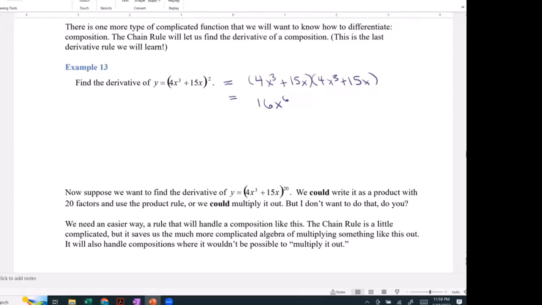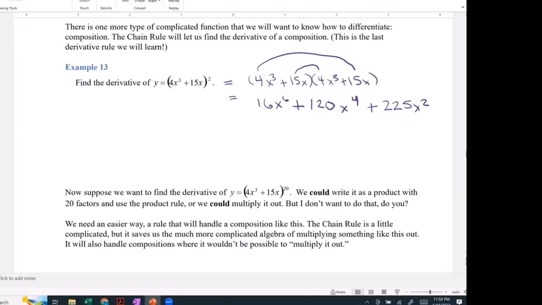Plus inner times inner, which are the same. 15 times 4 is 60, and we have two of those, so that's 120x to the 4th. That's outer times inner. And then plus last times last, which is 225x squared.